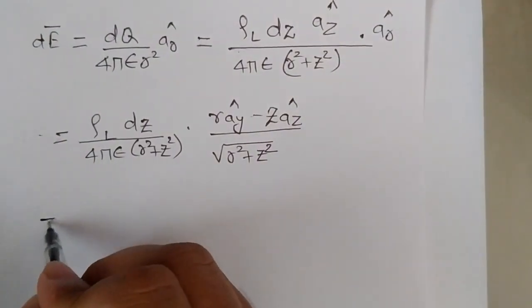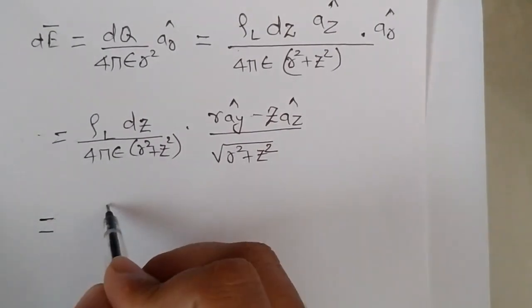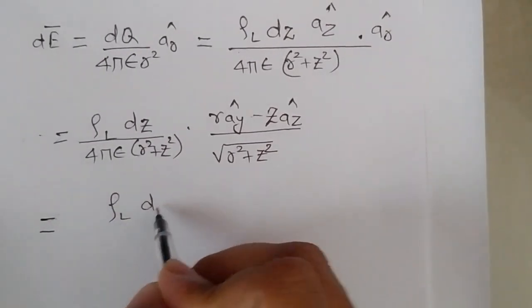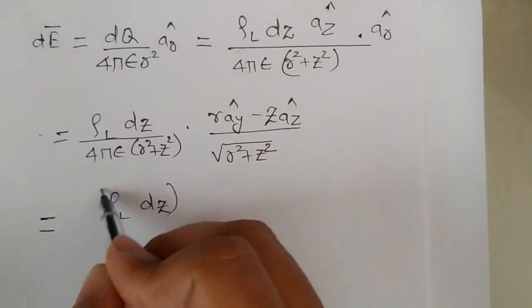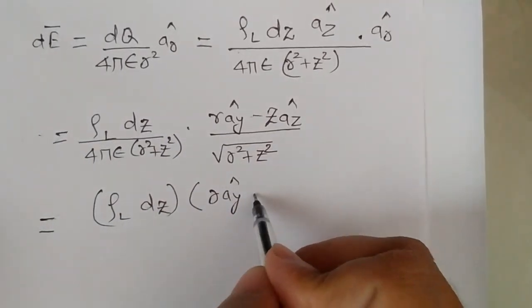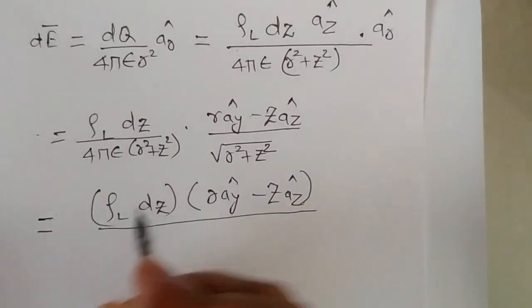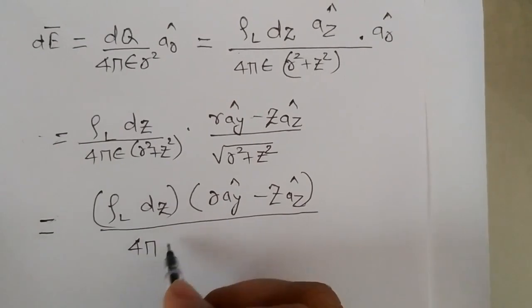Therefore we can say it is equal to the final value. Again I am writing it in a systematic manner: rho L dZ into r a_y cap minus z a_z cap divided by 4 pi epsilon.